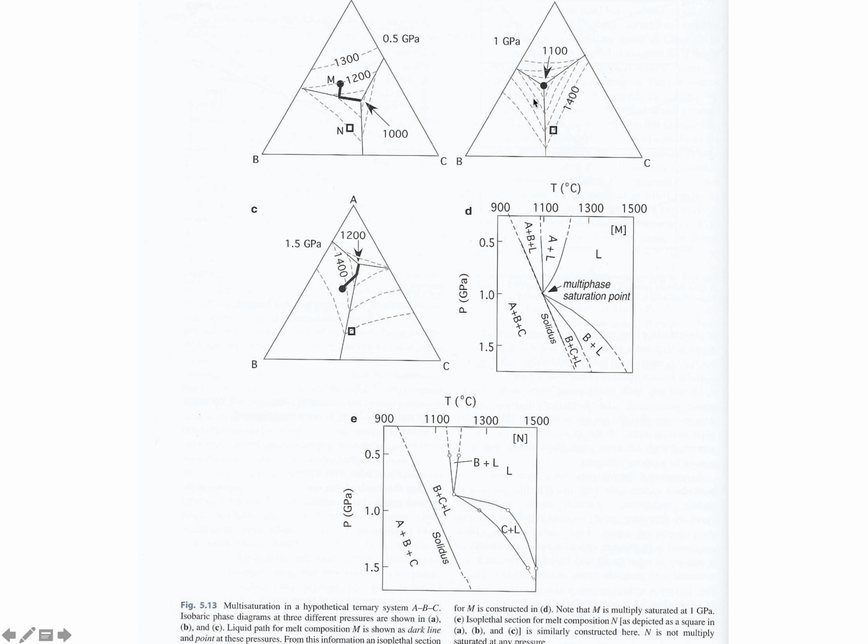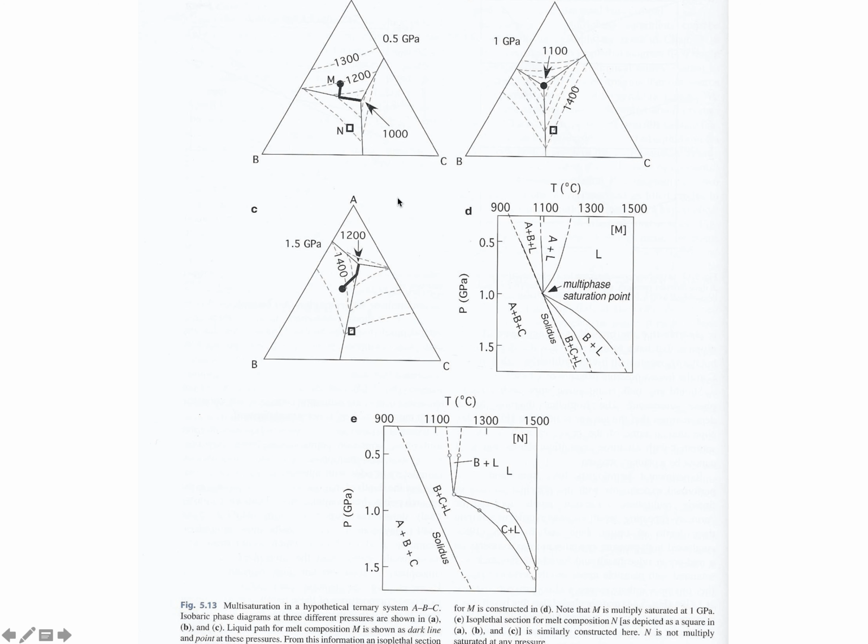And the same at 1 gigapascal: we are forming the melt at this point at 1100, and at 1.5 gigapascal we are forming it at 1400 degrees Celsius.